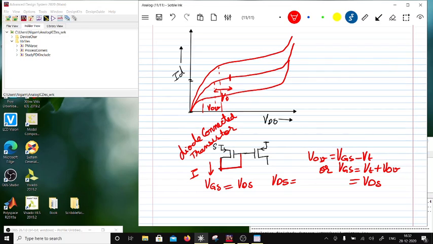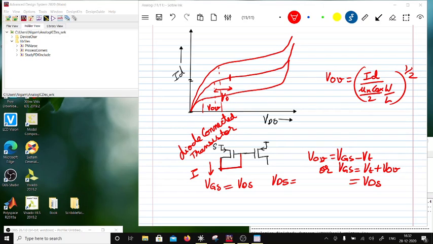Now if you draw here a current which is very small, then see, overdrive voltage has a relationship with the current, right? V overdrive is the square root of ID divided by (mu n COX by 2 times W by L). Now if I make ID equal to 0, then V overdrive is 0.